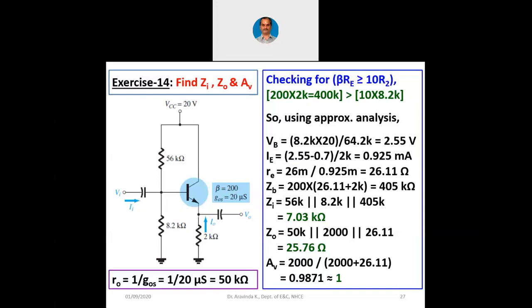So you can see 50,000 ohms is there, 2000 ohms is there, and 26.11 ohms is there. Naturally, output impedance is always very near to the least resistance here, 26 ohms, because the other two resistances are much higher.